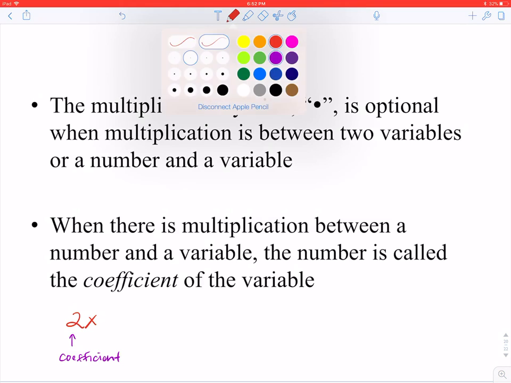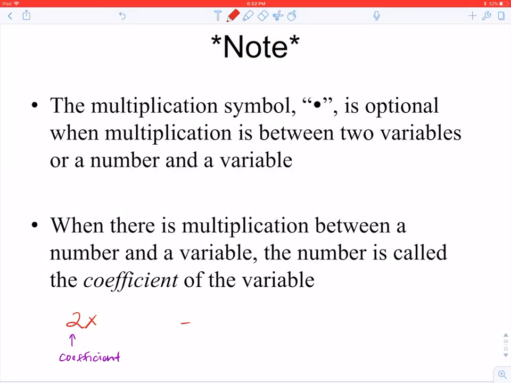Or you can have multiple variables, like -3xy, and -3 would be the coefficient. Because variables are being multiplied, I do not need to put the dot to imply multiplication.